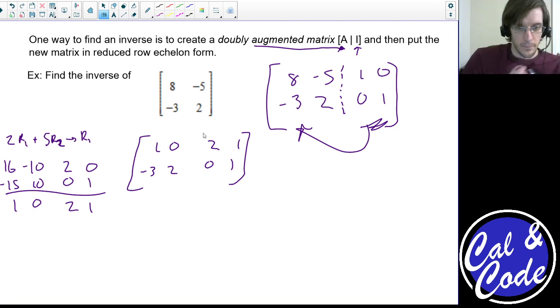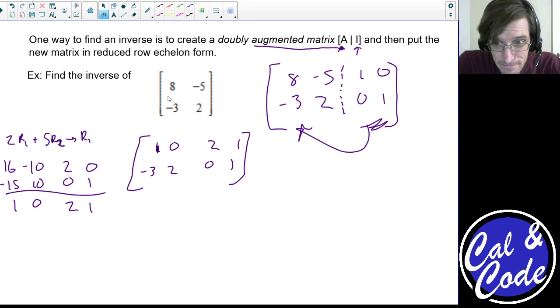Now, that actually worked out really nicely. I want to now get the 3 to be a 0. So I'm going to take 3 row 1s, and I'm going to add it to row 2, and put it in the row 2 spot.